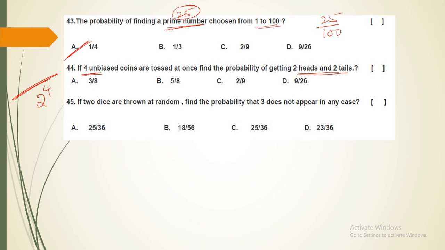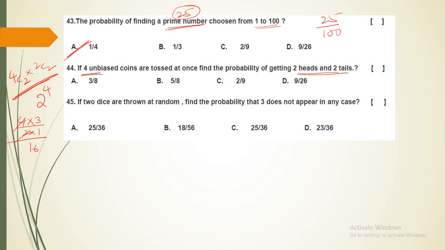From 4 coins choose 2 heads, so 4c2, and from the remaining you can obtain 2c2. 4c2 means 4 into 3 by 2 into 1, divided by 16.